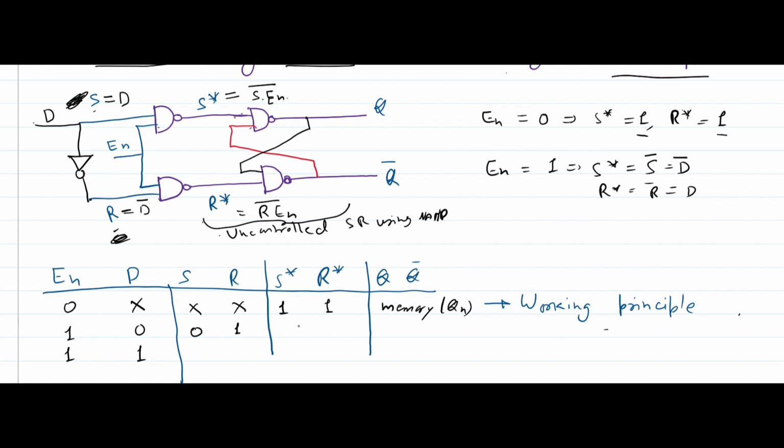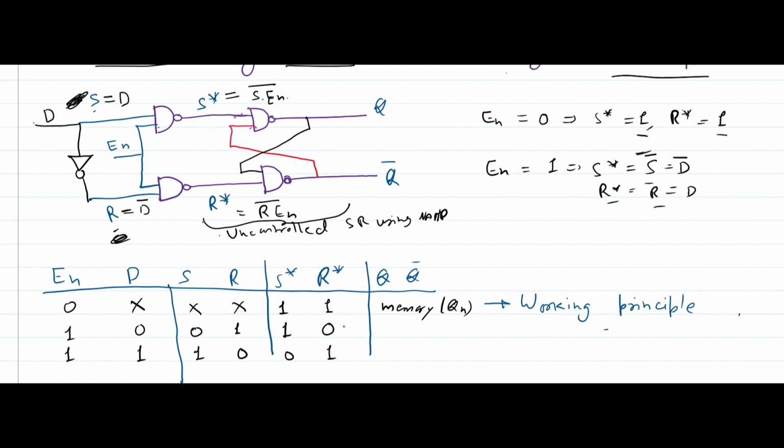And if S is 0, S star is S bar, that means this will be 1, and R star is R bar, that means it will be 0. Similarly, if D is 1, S will be 1, R will be 0, and this S star will be complement of S, R star will be complement of R, so it will be 0, it will be 1.